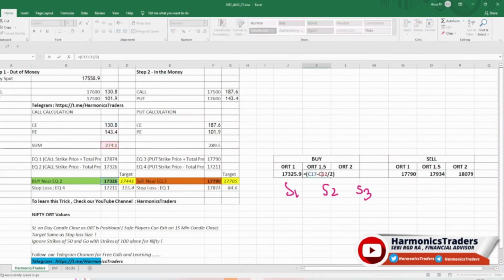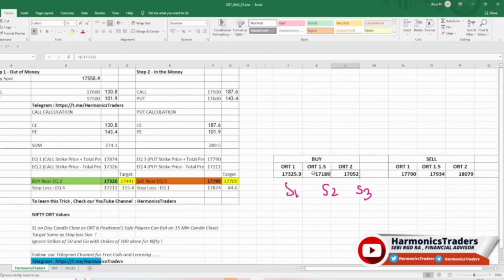So C17 is nothing but our actual 17,326 minus C12 by 2. C12 is this 274. Once you do this, you will get the ORT 1.5. So if this 17,325 is taken out, or if Nifty opens below 17,325 with a gap, then the immediate support based on ORT is 17,189.